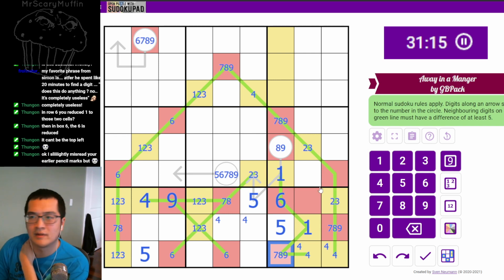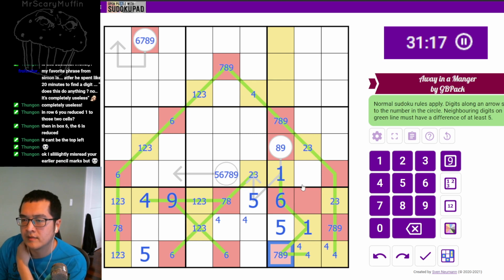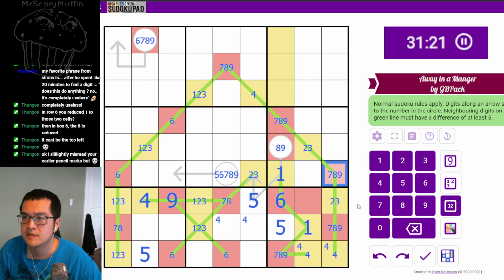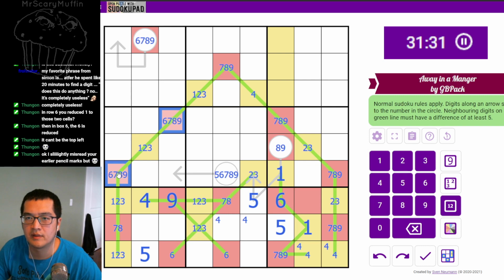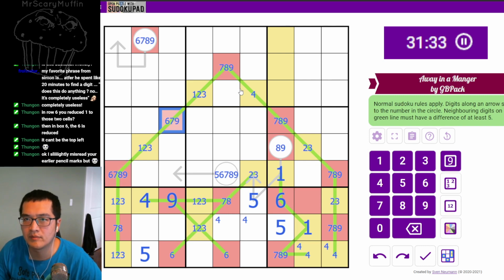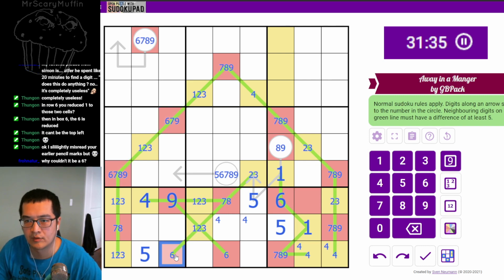So, thank you. Appreciate it. We know this can't be a 6. So 7, 8, 9. I mean, the other way I could do it is I can actually just literally put in the marks, and that way I don't run the risk of confusing myself or others.